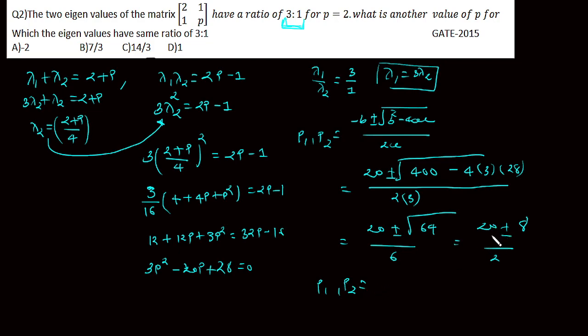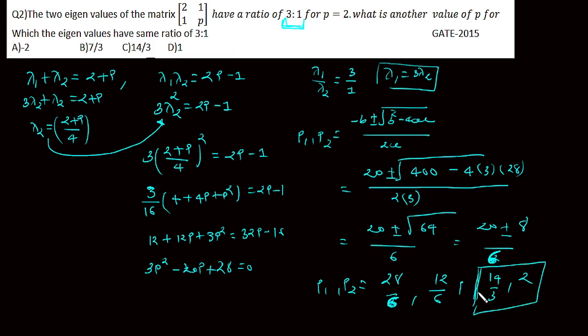So first let's take positive, so we are getting 28 by 6. Now subtract 8 from 20, so we are getting 12 by 6. If we simplify, then what we are getting simply just 14 by 3 here within first value and here 2. Okay, so these are the value of p.